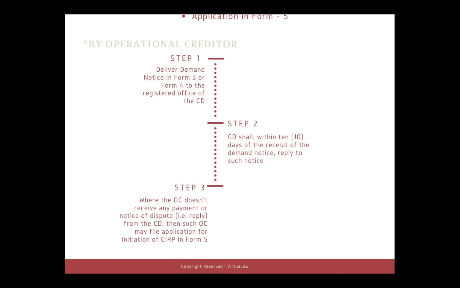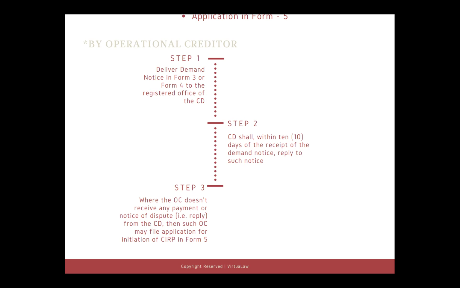So where you want to establish a claim that there are certain monies due from the company, firstly you send a demand notice in Form 3, or you can also send invoices along with notice specified in Form 4 of the rules. This will be sent to the registered office of the corporate debtor. Now, what is step 2?